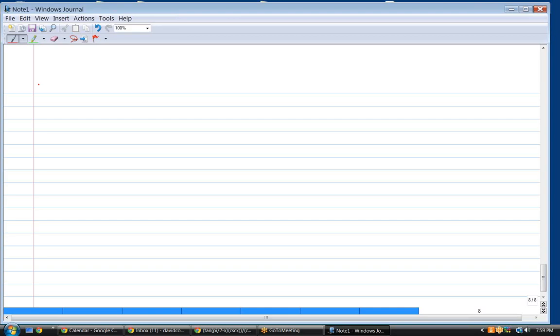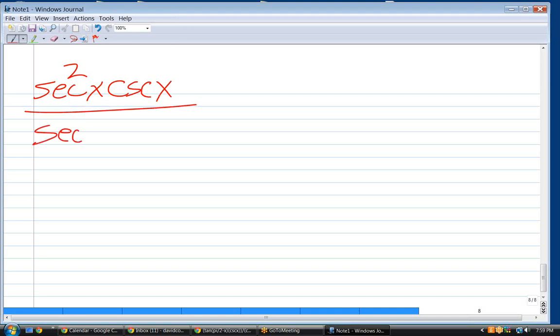Next one is secant squared x cosecant x over secant squared x plus cosecant squared x. Okay, let's convert everything to sines and cosines. The numerator: the secant squared becomes 1 over cosine squared.